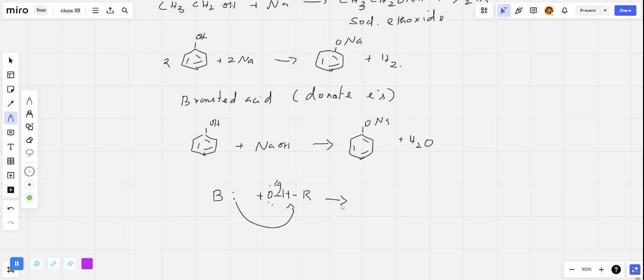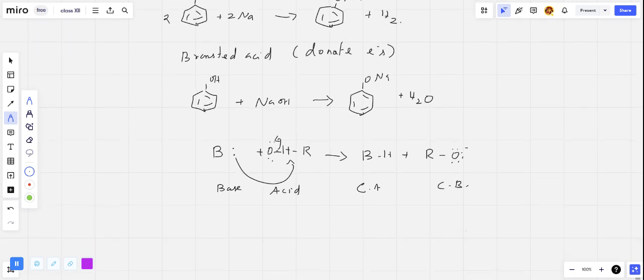We get BH plus and RO minus. This is a Bronsted base. This is an acid, and this is the conjugate acid and conjugate base.